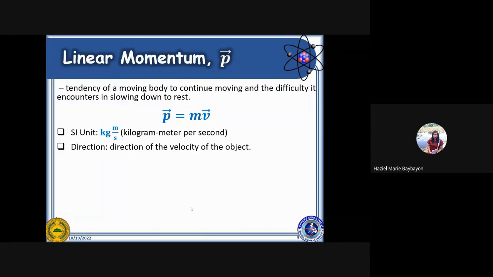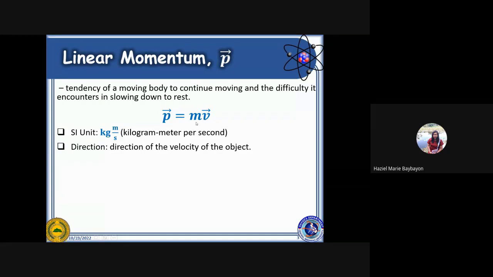So kung naa kay object nga dako kaayog amount of momentum, lisod na siya stop. Okay? So it is the tendency of a moving object to continue moving and the difficulty it encounters in slowing down to rest.